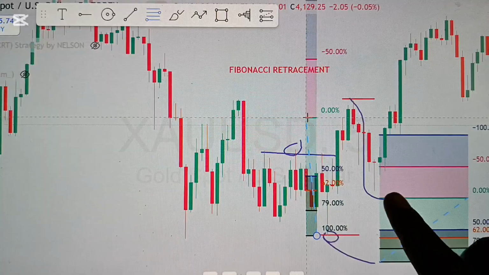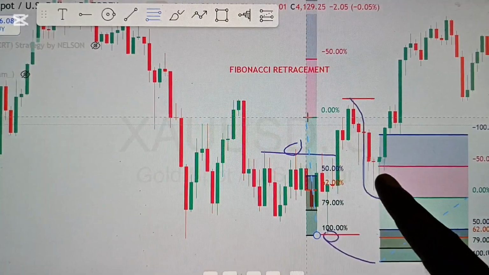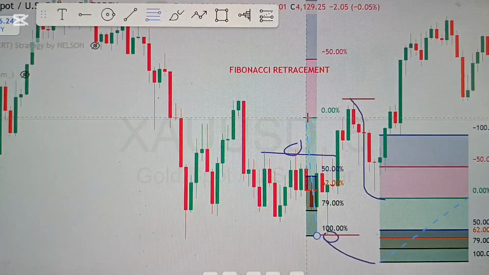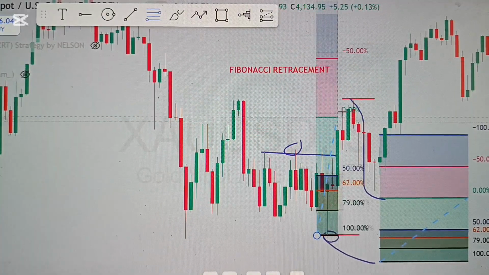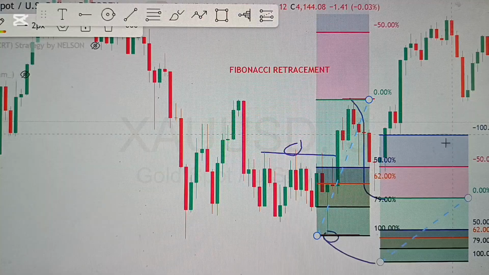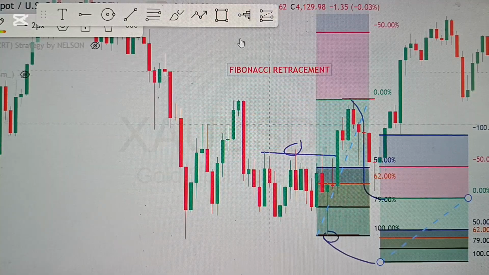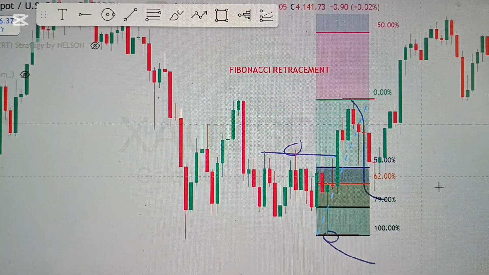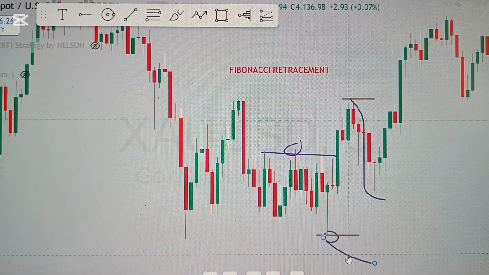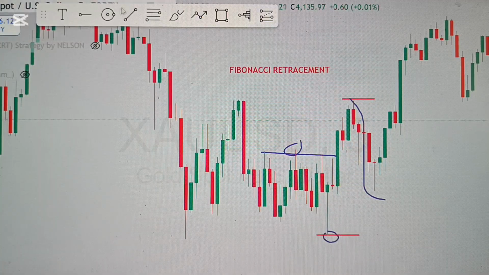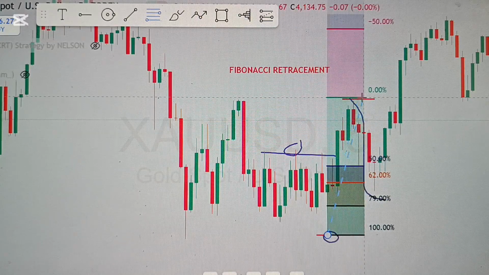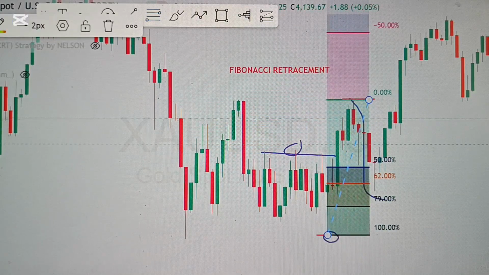So we anticipate that the point where the price will come back to before going up will be at 62 and 50%, between 50 and 62%. That is how it is. So let me just remove this to avoid confusion. So this is how it is: 100% to where the price was, 0% to where the price got to.